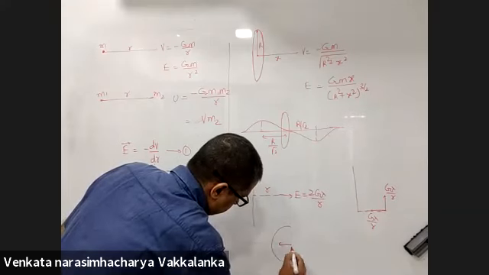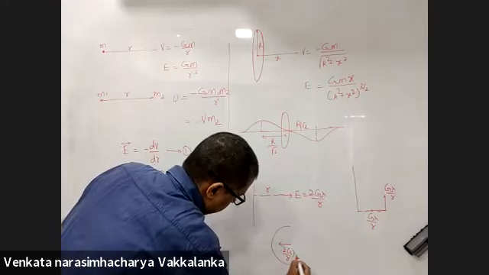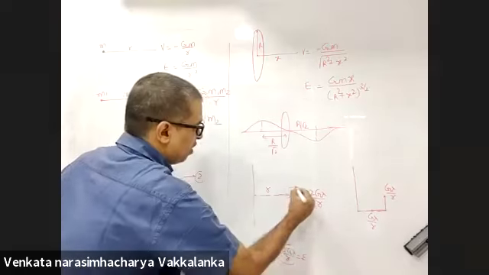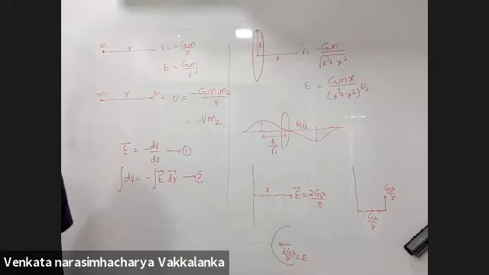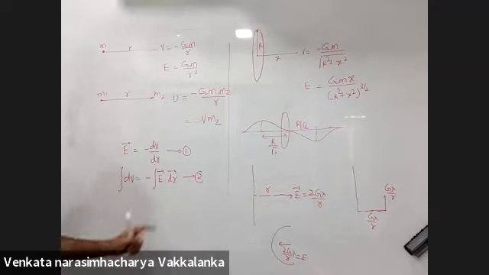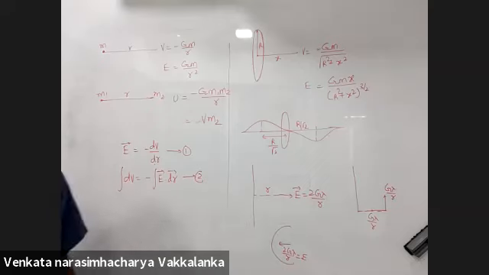Semicircular wire, 2G lambda by r will be the field. Hollow sphere, solid sphere, I will summarize. Take it down till here. These formulae you have to remember.